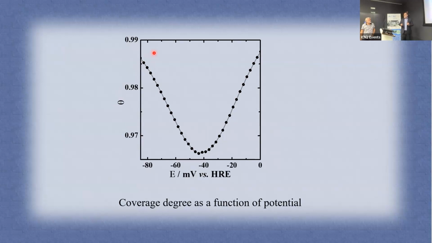So the rate-limiting step is Volmer, no more Heyrovsky. The rate constant is higher for the Volmer, but because the free sites decrease due to the high surface coverage, because of this.